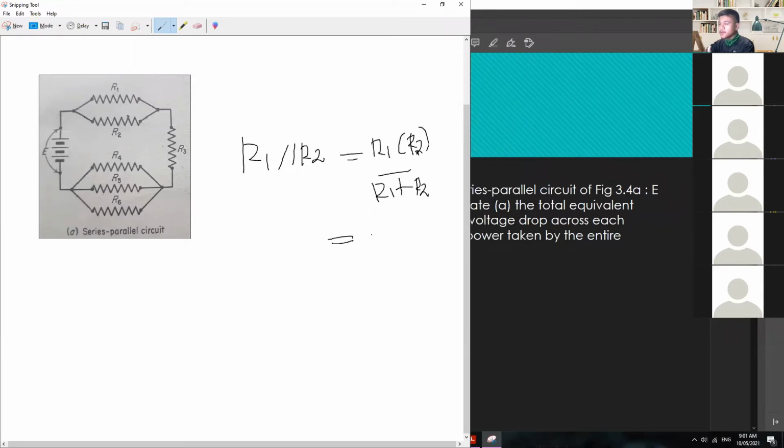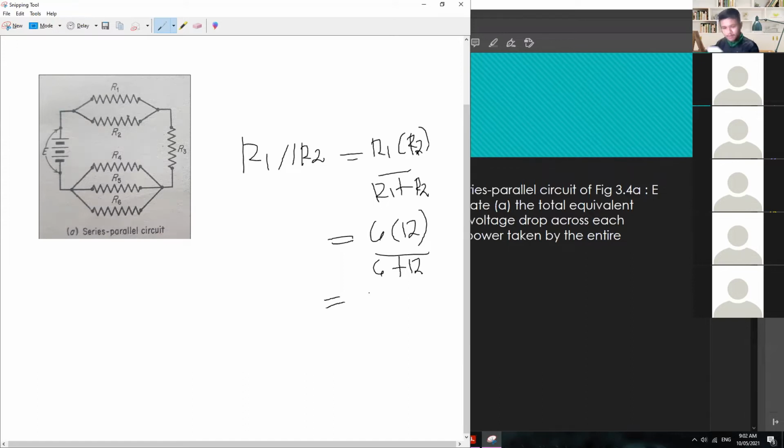So in here, R1 is 6 and then R2 is 12. So R1 is 6 plus R2 is 12, so 6 plus 12. So solve nyo lang to, 6 times 12 is 132. Tama ba? 6 times 12.